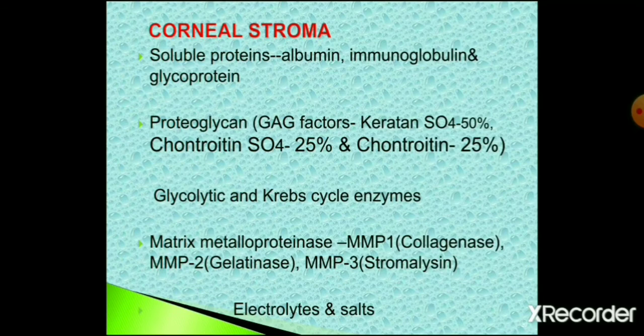Again, there are glycolytic and Krebs cycle enzymes present in the corneal stroma. Then matrix metalloproteinases MMP1, collagenase, MMP2 gelatinase and MMP3 stromelysin. These are seen in the corneal stroma. Then electrolytes and salts.